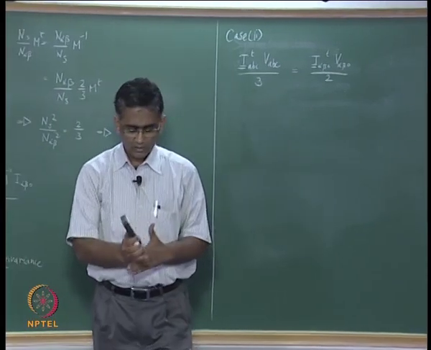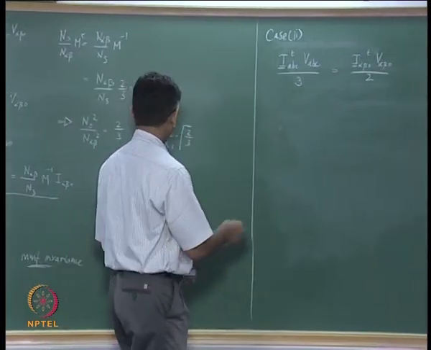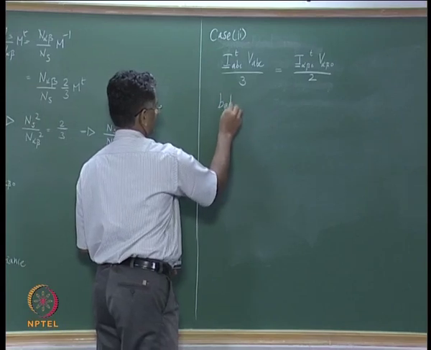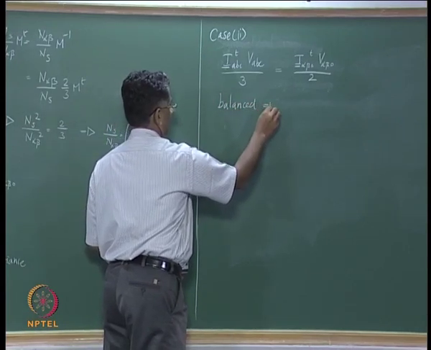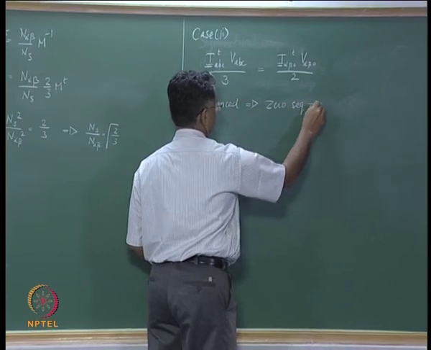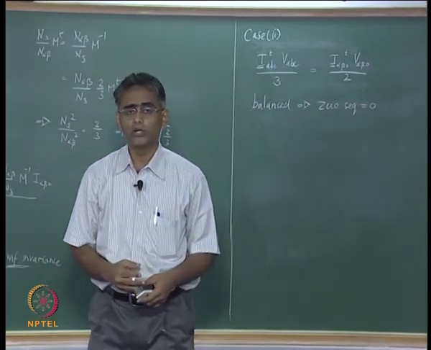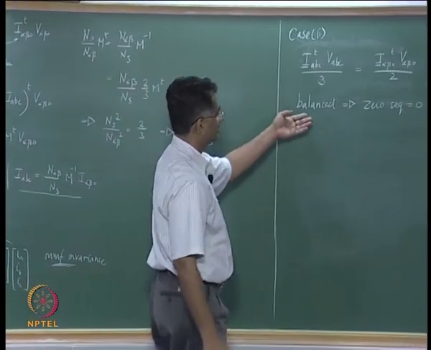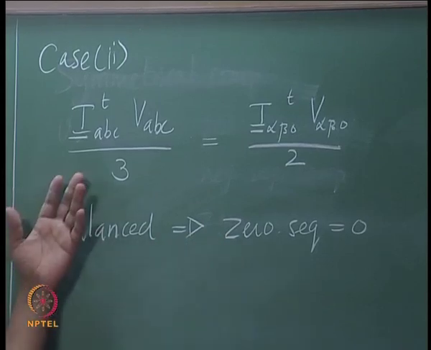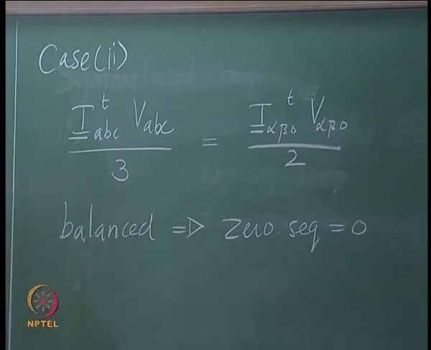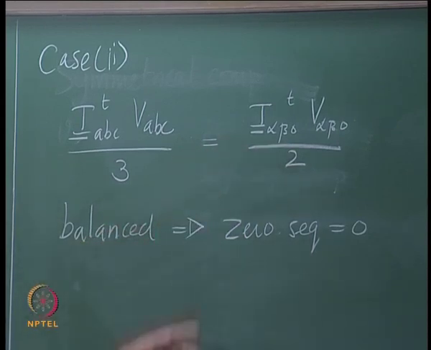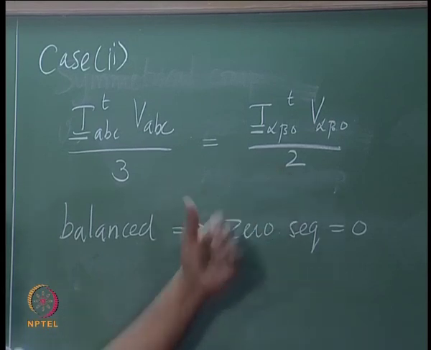The reason is we know that if we have a system of AC voltages which are balanced, then the zero sequence part will go to 0, and by and large we deal with electrical systems which are of this nature, and in most cases therefore zero sequence will go to 0, and therefore the active electrical input power is then consumed only by the alpha and beta and not by this part, and therefore we consider this to be having only two phases.